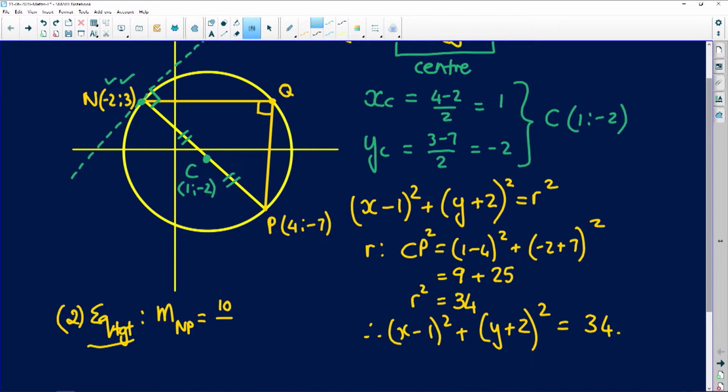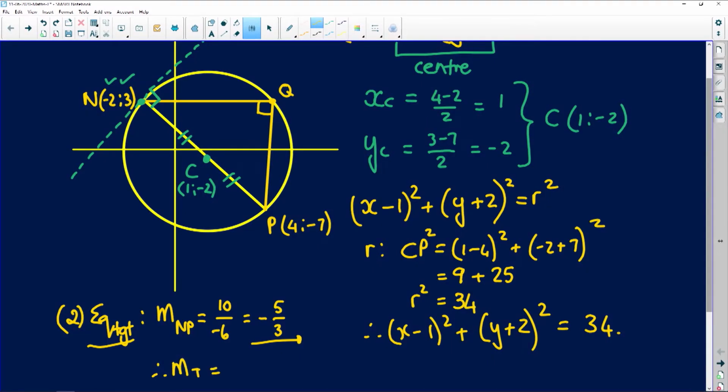Minus 2 minus 4 is minus 6. So one was a positive outcome, the other one has a negative. We can see that 2 goes into both the denominator and the numerator. So that leaves me with 5 over 3. My gradient for my radius is minus 5 over 3.